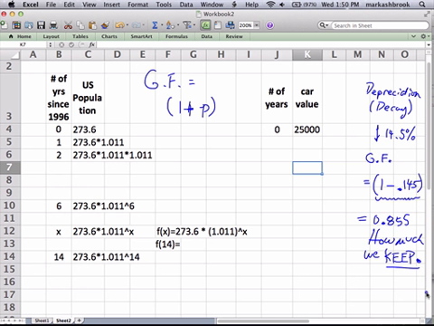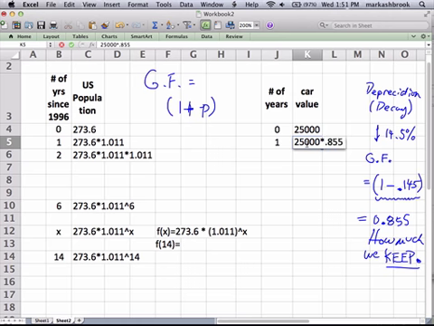All right, but everything else works the same now. Once we understand how the growth factor works and what it means, how are we going to get the value after 1 year? How can we calculate the car's value after 1 year? 25,000.